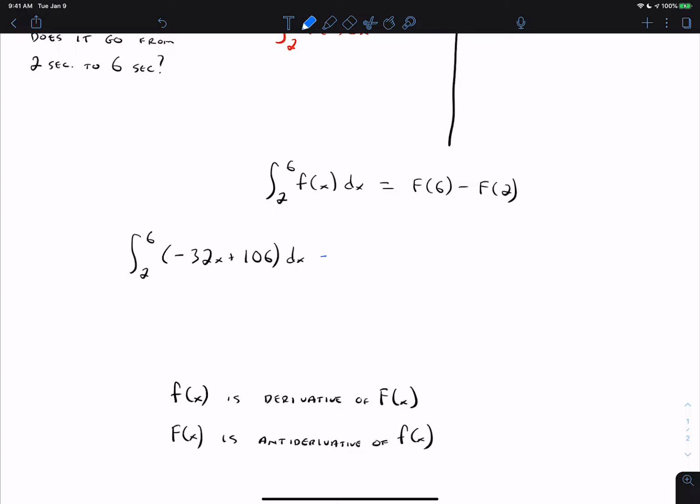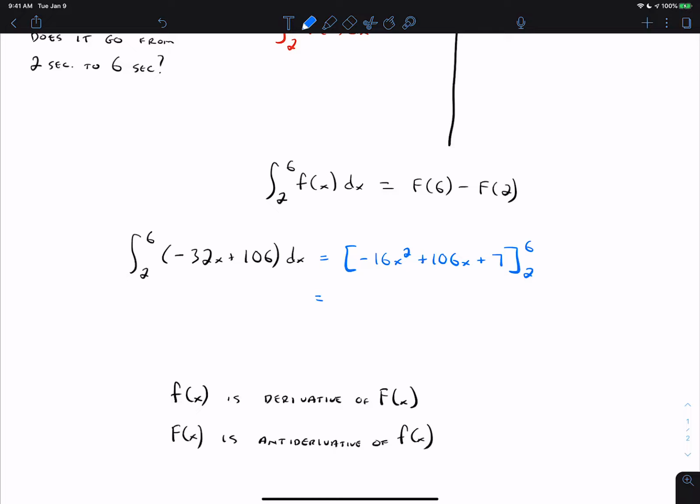So in this case, it turns out that negative 16x squared plus 106x plus 7 is an antiderivative of f of x. We can use that function and plug in 6, plug in 2, and subtract if we want to.